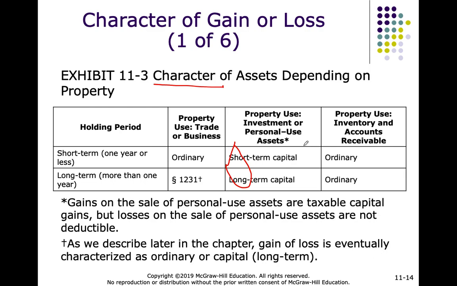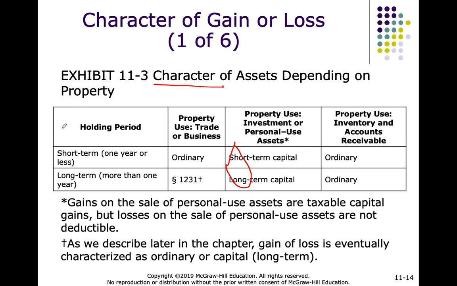So for long-term capital gain, we have the 0, 15, and 20%. And I think if you look at previous presentations, PowerPoints, you'll see that I had the marginal tax bracket and how does that compare with the preferential rates.